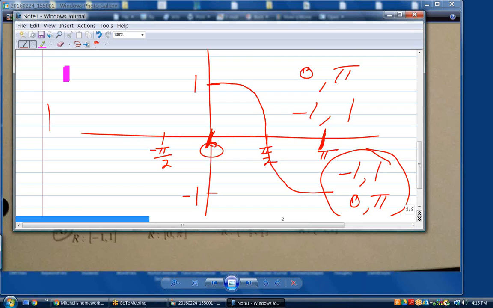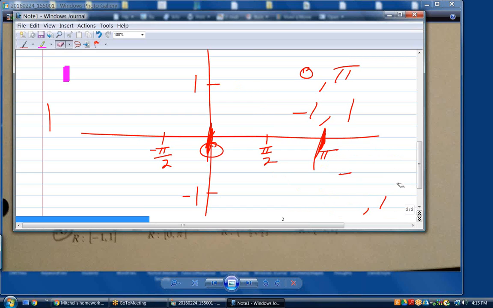So I have to know how mathematicians have restricted cosine such that inverse cosine is a function. And with cosine, they restrict it from 0 to pi. With sine, they restrict it from minus pi over 2 to plus pi over 2, because that is where it's 1 to 1.